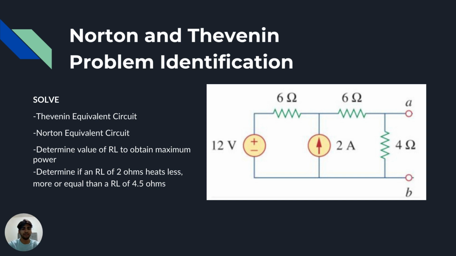And so we have a Thevenin and Norton equivalent circuit. We need to determine the value of RL to obtain the maximum power that we're going to calculate in the next slides, and determine if an RL of 2 ohms hits less or more than RL of 4.5 ohms.